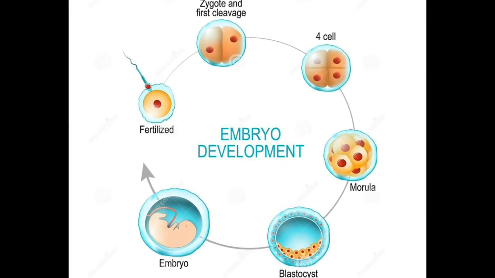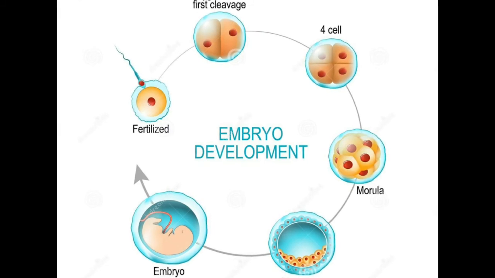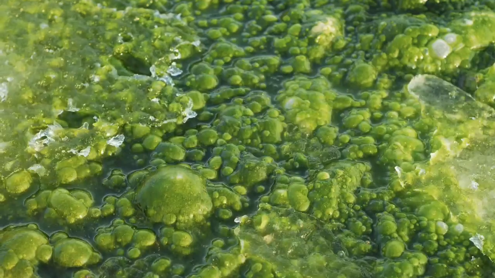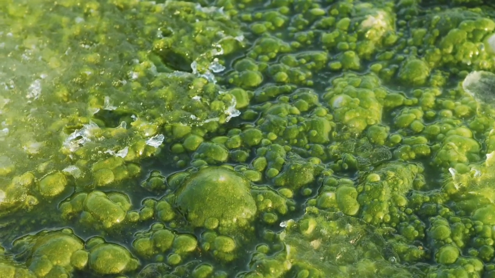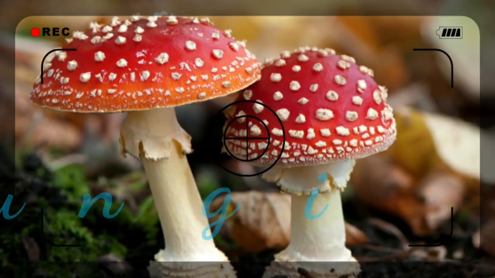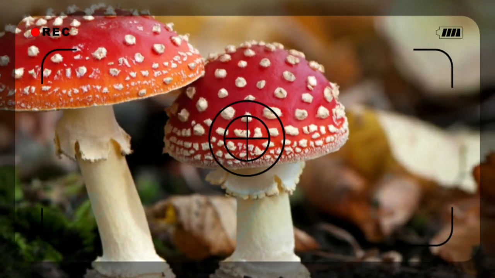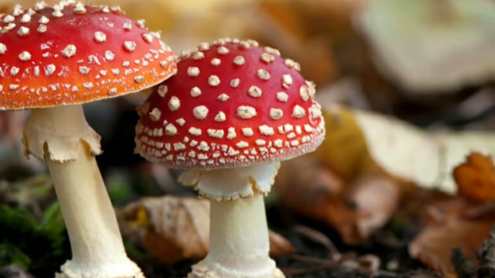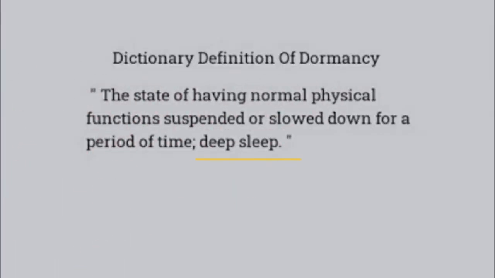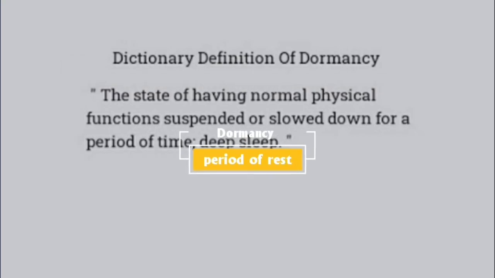The further development of the zygote depends on the life cycle of the organism and the environment to which it is exposed. In organisms such as algae and fungi, the zygote develops a thick wall resistant to desiccation and damage. Commonly, it undergoes a period of rest prior to germination.